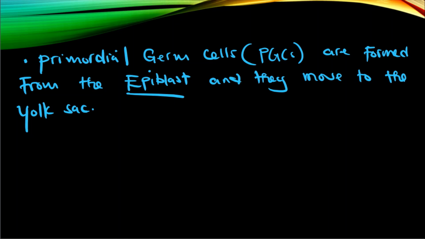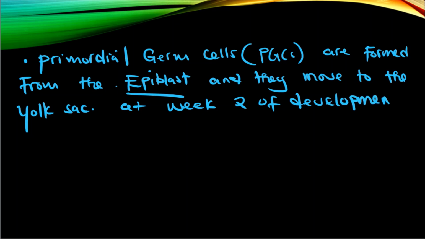Okay. So primordial germ cells are formed from the epiblast at week 2 of development, and they move to the yolk sac at week 2 of development.